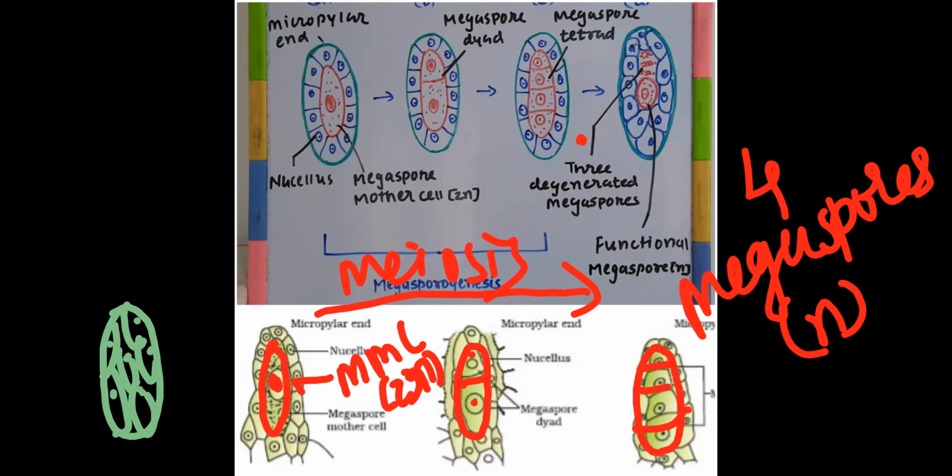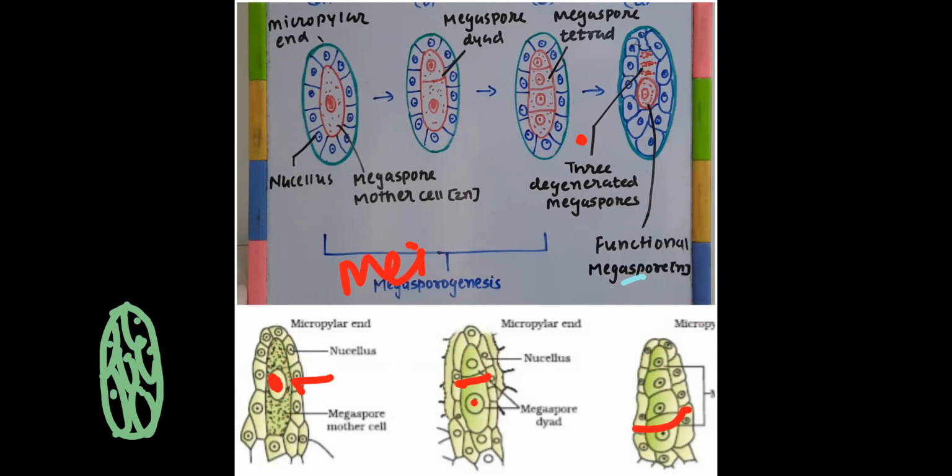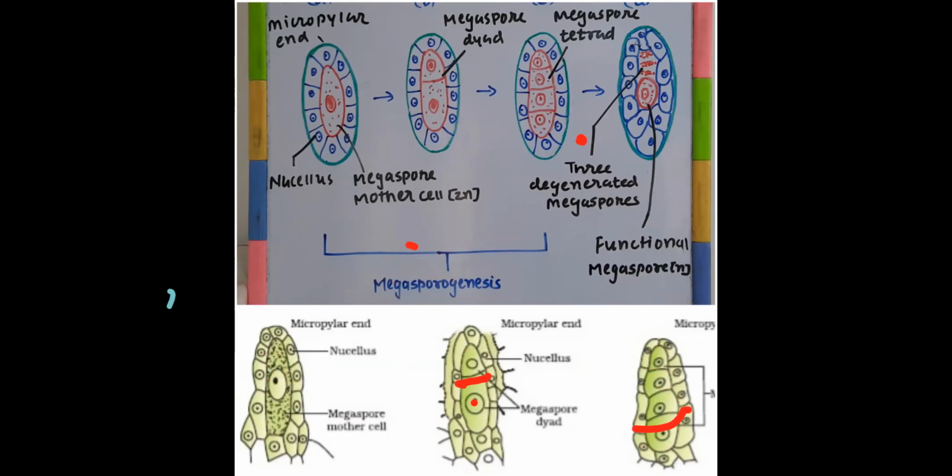Now the point is that in case of male gametophyte development, each of the microspores is capable of further development and giving rise to a male gametophyte.